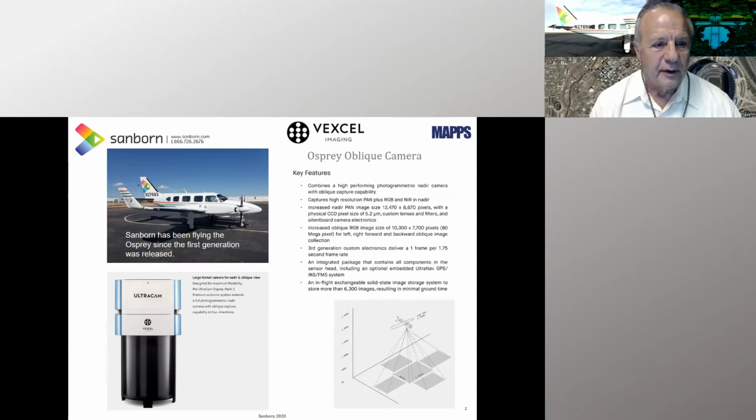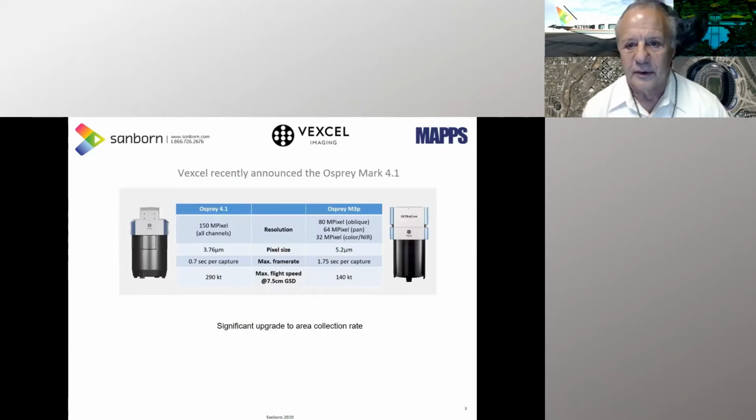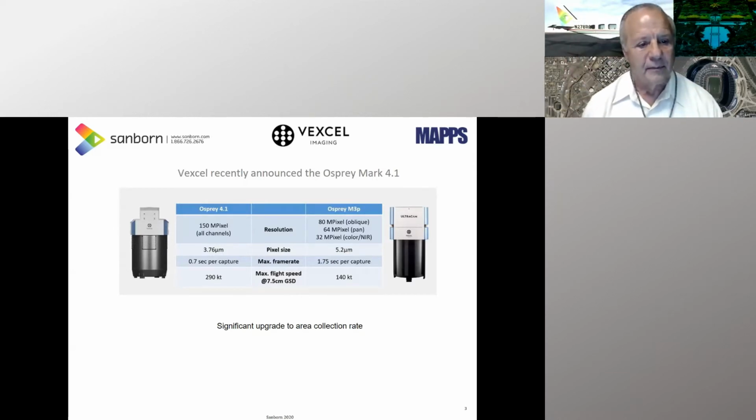And as we look to the future, Vexcel has recently released their Osprey Mark 4.1. I'm not going to go into all the things that make the 4.1 different from the Model 3. There's a couple of those summarized here.